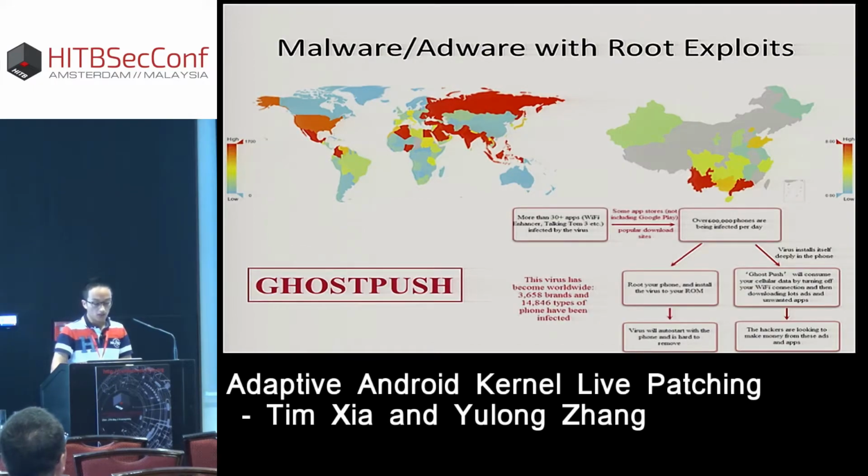Another similar example is Ghost Push. More than 30 apps are faked as the attacker's samples, and more than 3,600 brands and 14,000 types of phones have been infected. Over 600,000 phones are infected each day, so this has a broad impact.